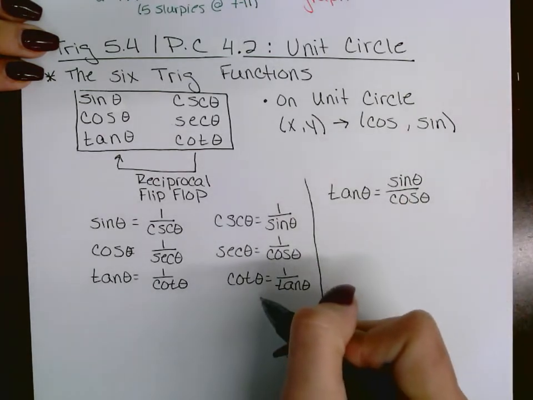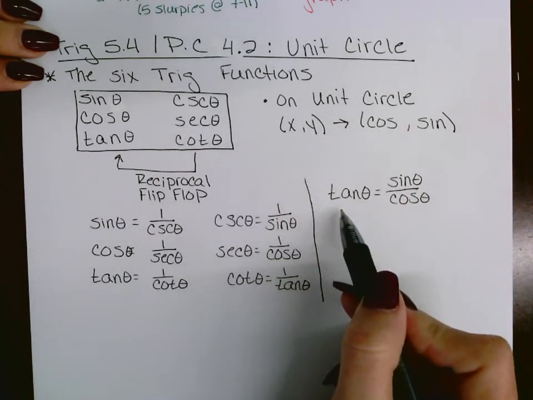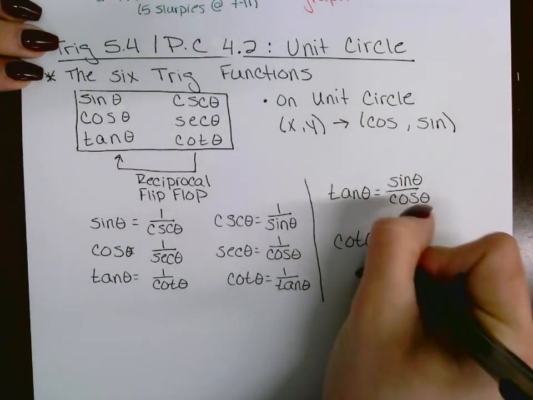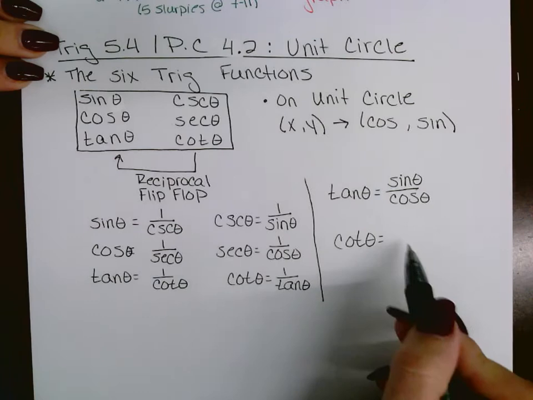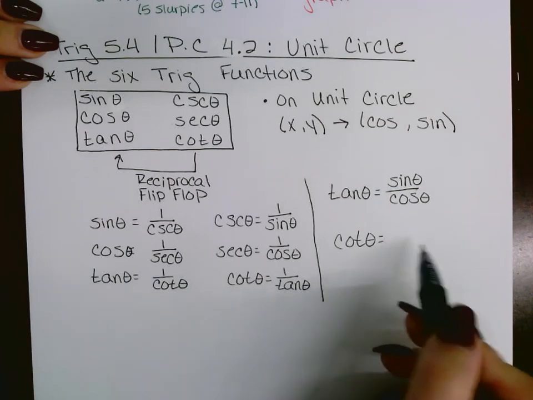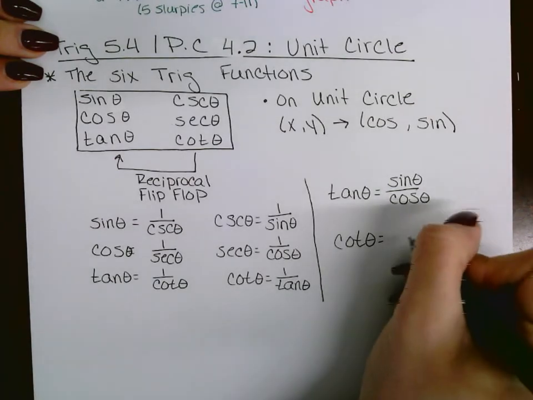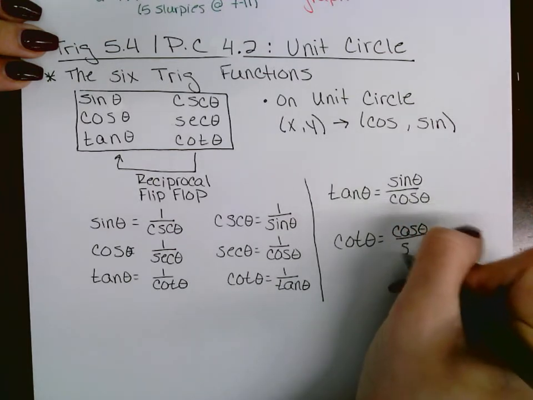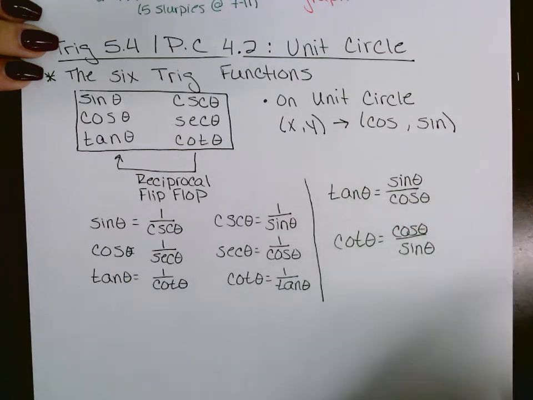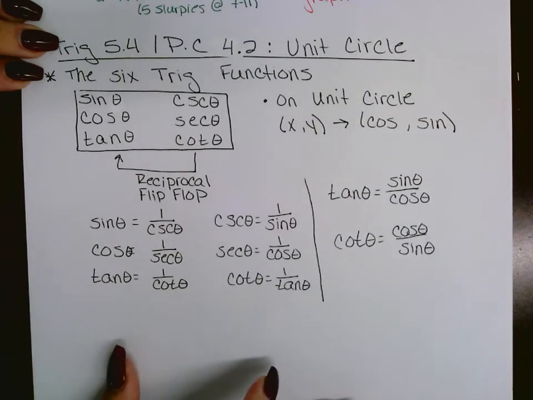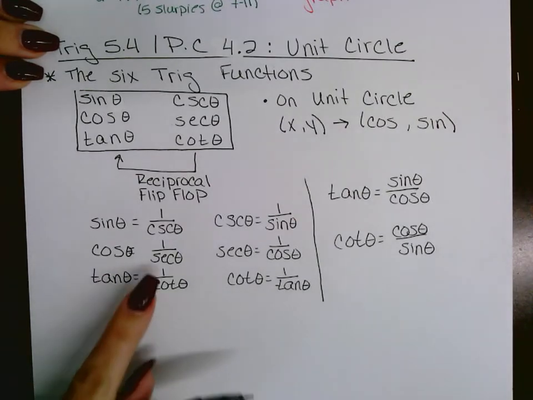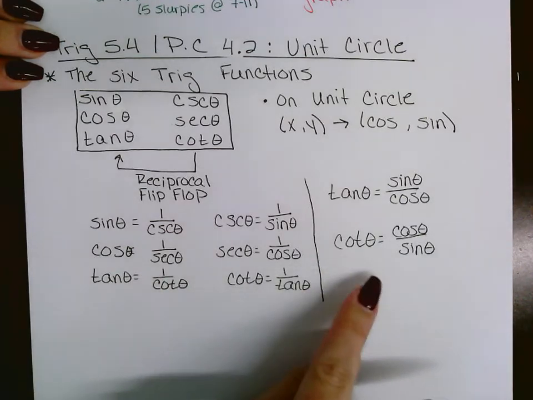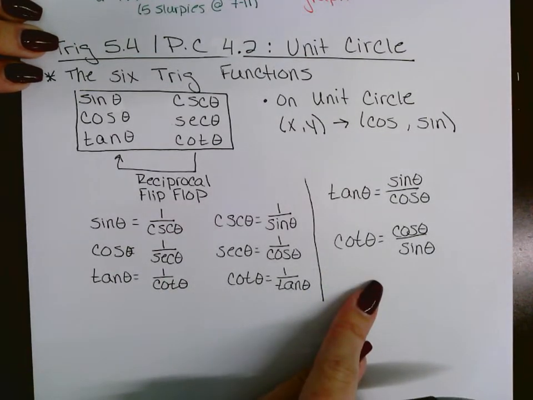And if cotangent is the flip-flop of tangent, right? Cotangent is the flip-flop of tangent. What do you think my division is going to be for cotangent? Cosine over sine. Does that make sense? So you have your reciprocal identities, how they flip-flop, and then you have what's called your quotient identities, okay?